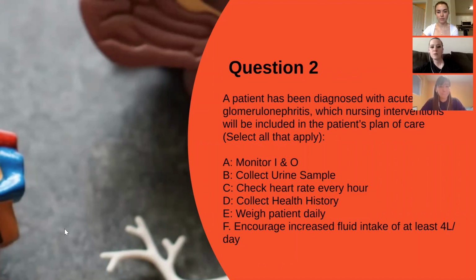I would also want to collect a health history, because they might have a history of infection. Weighing the patient would also be important because you're going to get a good indication as to how much fluid they have. If they're gaining weight, they're probably retaining fluid.